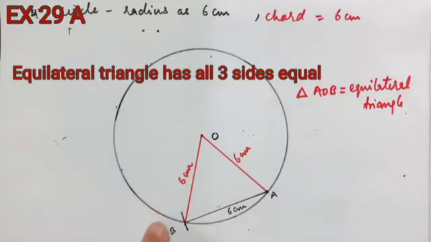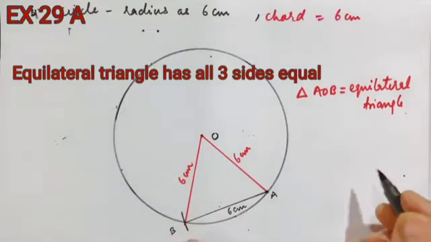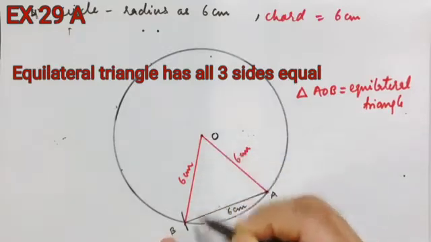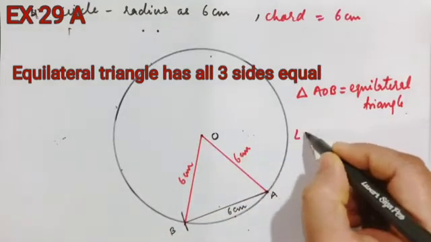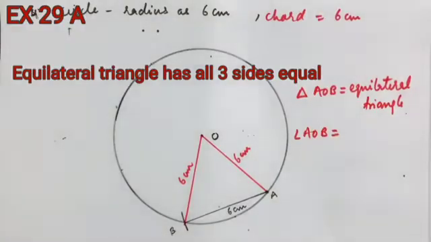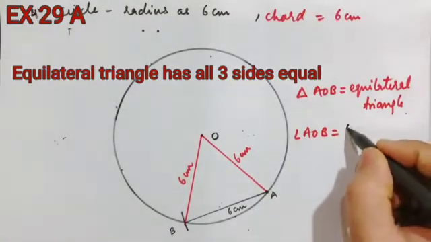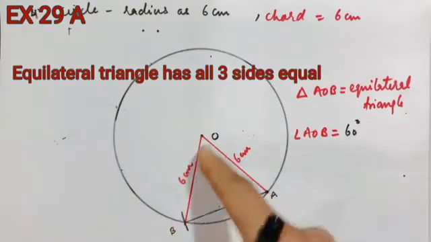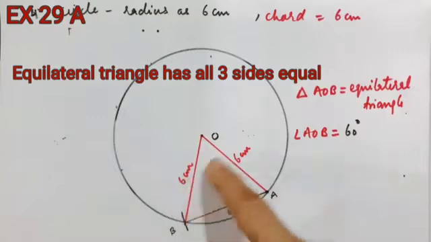Write the measure of the angle AOB. So what is the value of angle AOB? Angle AOB will be equal to 60 degree. Why? Because all the angles will also be equal. When all the sides are equal, all the angles will be equal.